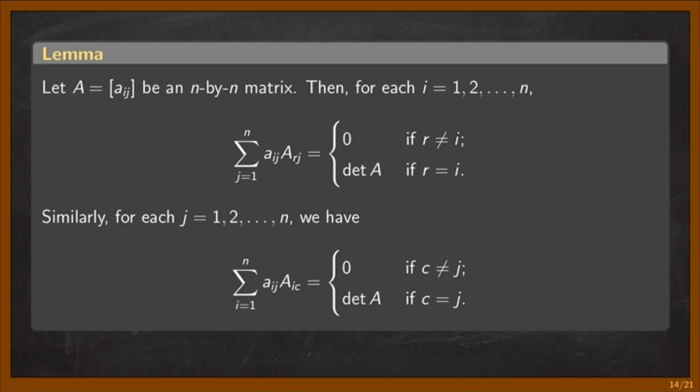If C is a column number different from J, this dot product is equal to 0, and if it's equal to J, it reduces to the determinant because of the column cofactor expansion. Remember this, because we're going to use this computation in the following.